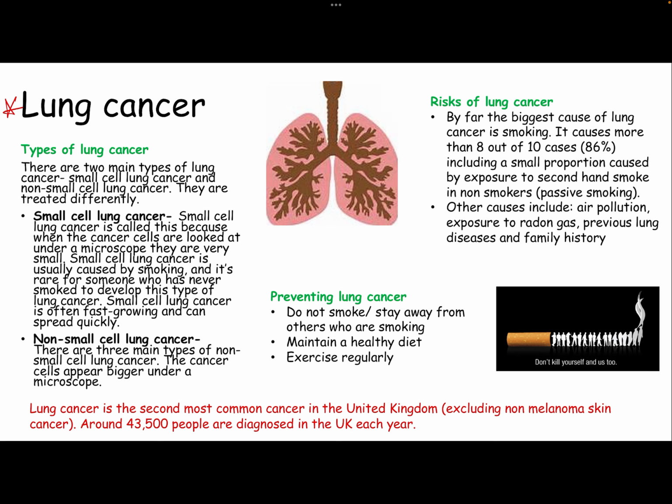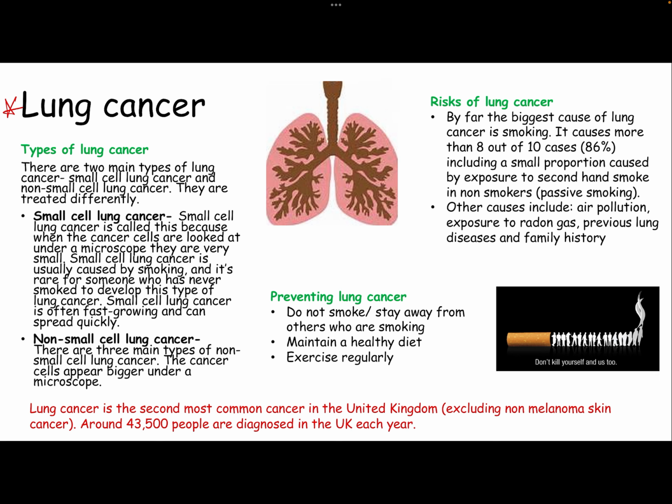There are two main types of lung cancer: small cell lung cancer and non-small cell lung cancer. They are treated differently. Small cell lung cancer is called this because when the cancer cells are looked at under a microscope, they're very small.